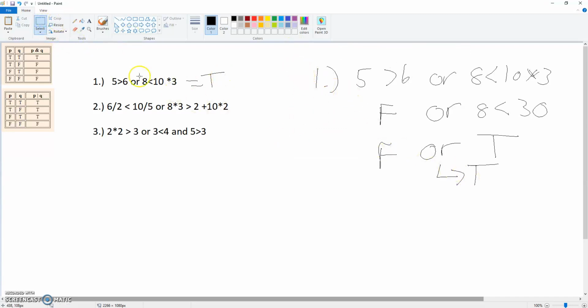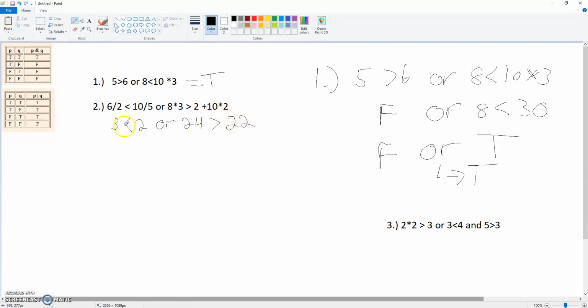We'll try to do number 2 here. I'm going to just take this one and move it, because I'm lazy and I don't feel like rewriting it. So 6 divided by 2 is 3, less than 10 divided by 5 is 2, or 8 times 3, it's 24, greater than, we have to do PEMDAS, so 10 times 2 is 20, 20 plus 2 is 22.